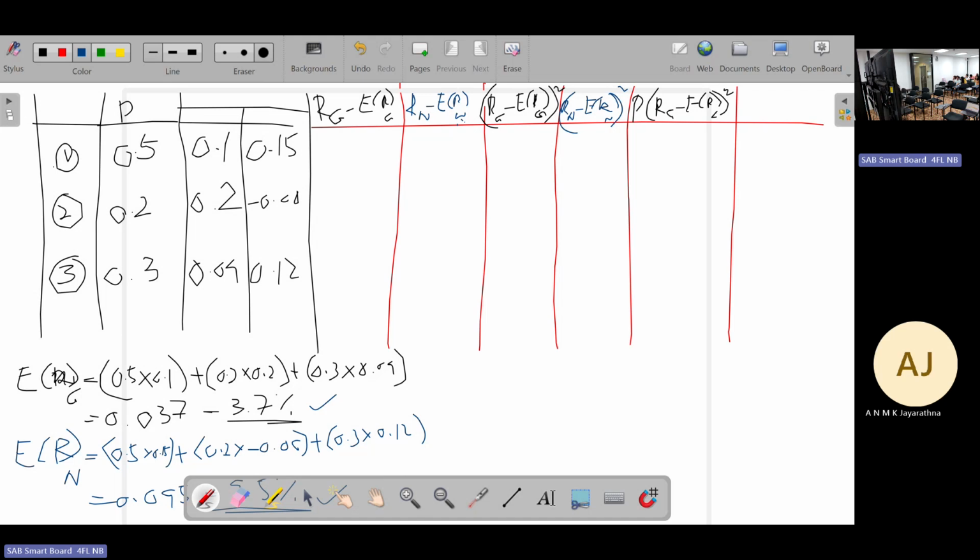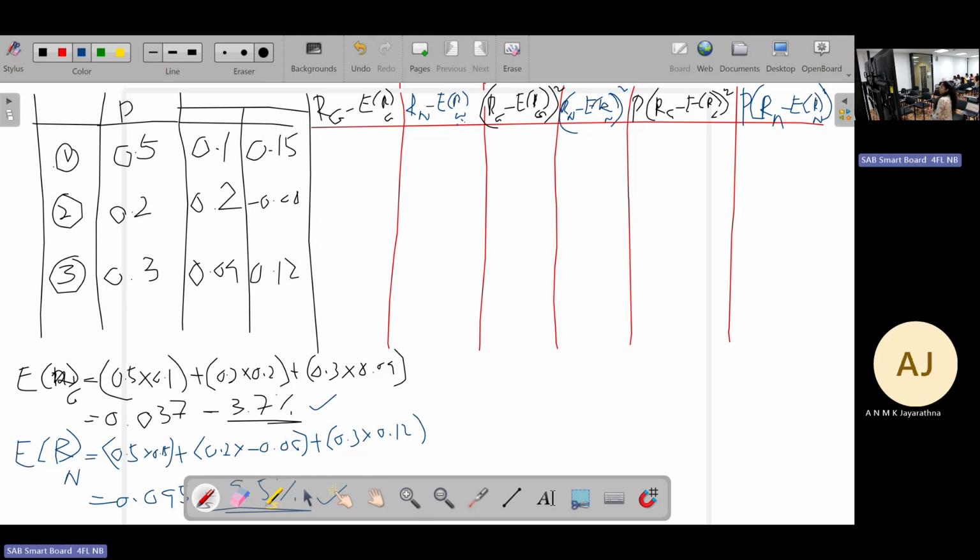Then applying the probabilities: probability multiplied by return of N minus expected return of N squared. Right, so this is the way.